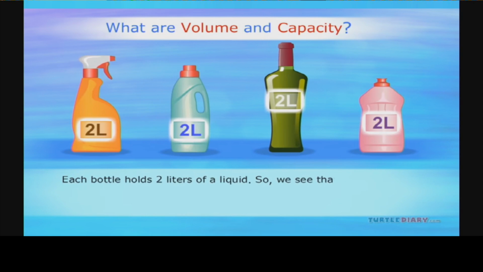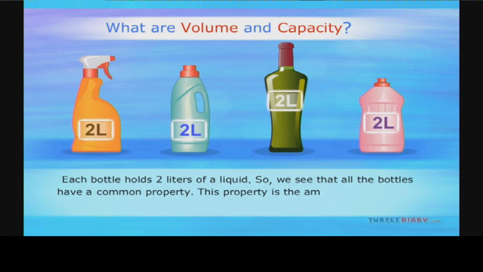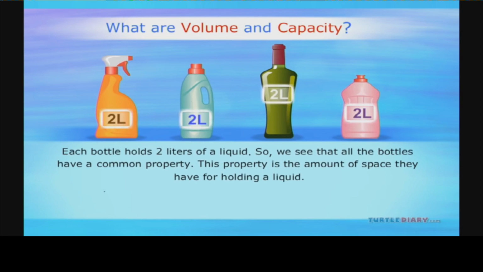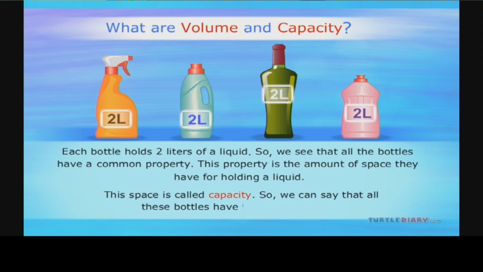So, we see that all the bottles have a common property. This property is the amount of space they have for holding a liquid. This space is called capacity. So, we can say that all these bottles have the same capacity. 2 liters.